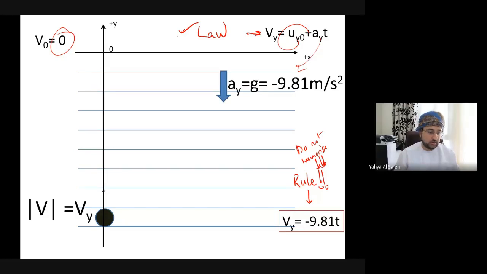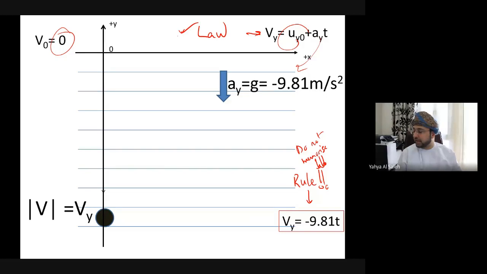I have a question. Why do we call this up? Why is this direction up? Can you give me any answer for that? Why am I not calling this down and this up? Anyone? No?